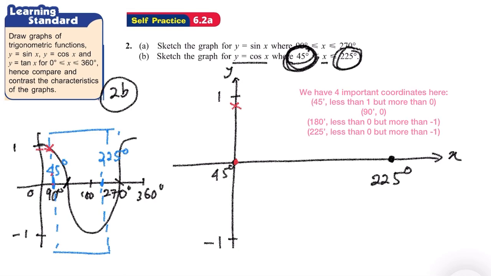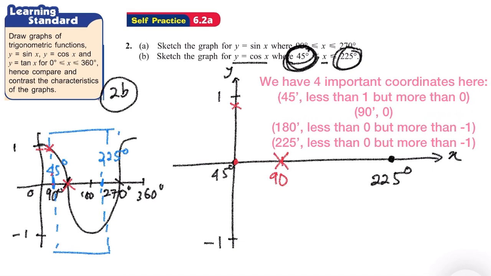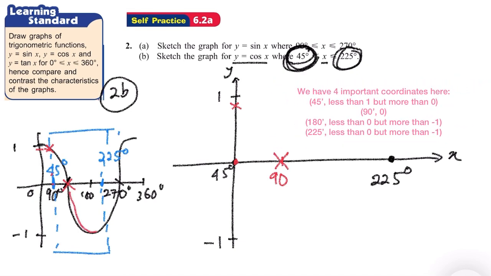Then it goes through 90 degree. Let's say 90 degree is here, so it goes through here, and then it goes down to here, where 180 degree is negative 1.